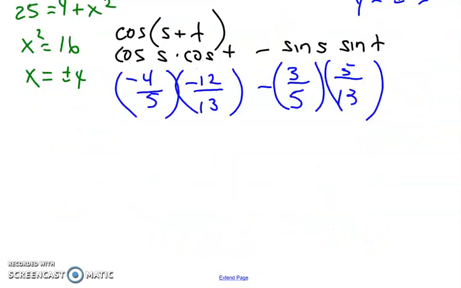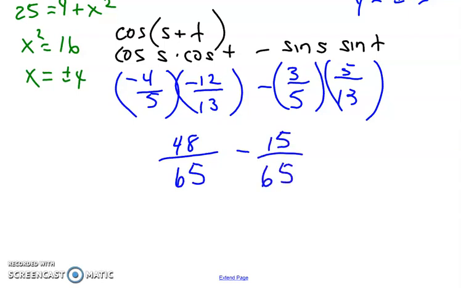Alright, so now keep it going. We got 48 over 13 times 5, 65, minus 15 over 65. So 48 minus 15 gives us 33 over 65.